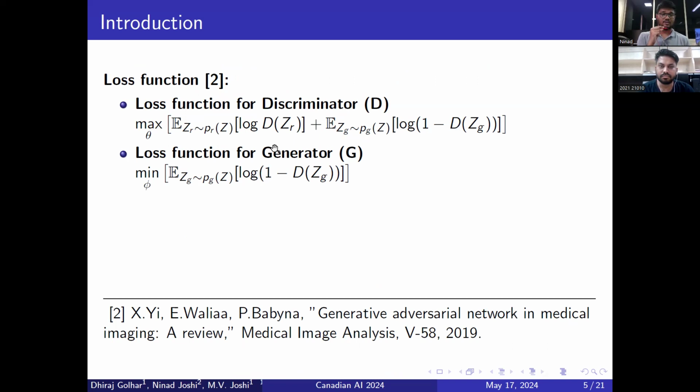And we have to do so with respect to theta, which are the learnable parameters of the discriminator. For the generator, it has to take care of only one thing, that is to fool the discriminator. And in doing so, we'll have to minimize the expected value of logarithmic of 1 minus D of Z G, where Z G is the generated image. And we'll do this with respect to phi, which are the learnable parameters of the generator.